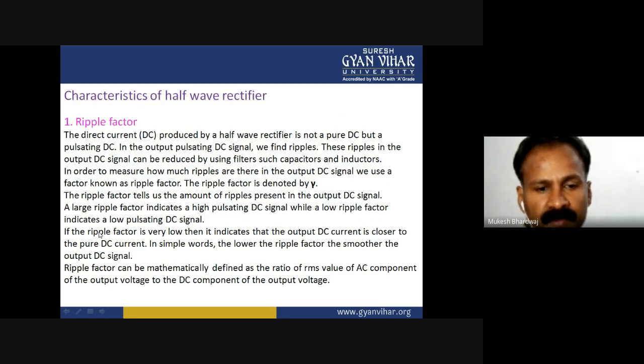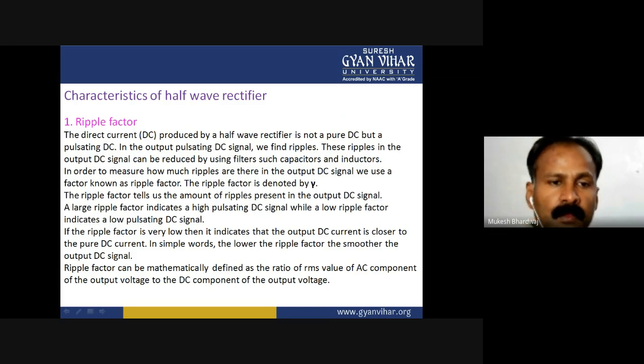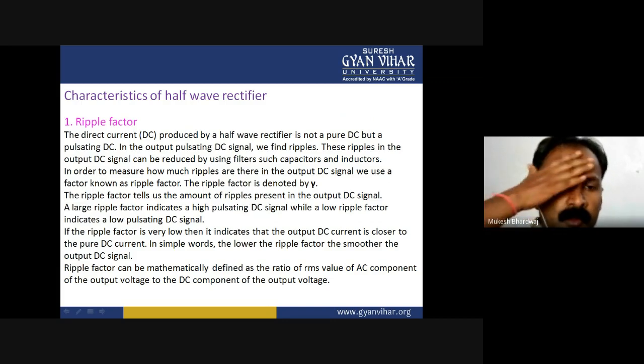Characteristic of half wave rectifier. Ripple factor. The direct current produced by a half wave rectifier is not pure DC but a pulsating DC.